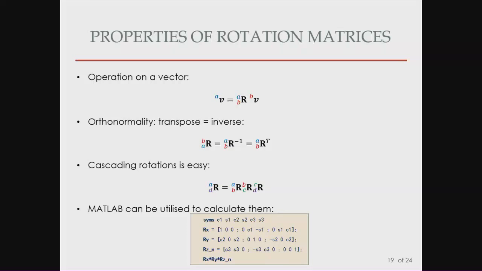It will stay an orthonormal matrix with all the properties of a rotation matrix. So in this case, you have from D to C times from C to B times from B to A, and the result is from D to A. This is convenient when you have lots of coordinate systems and you need to make all these calculations.